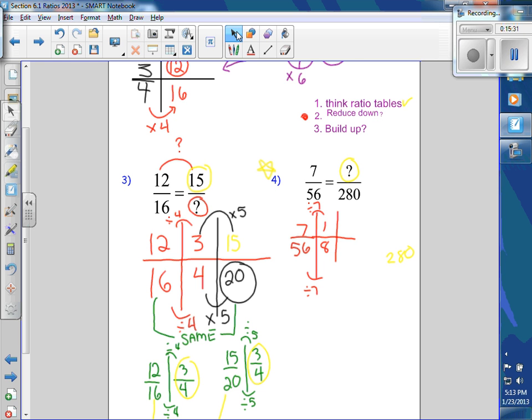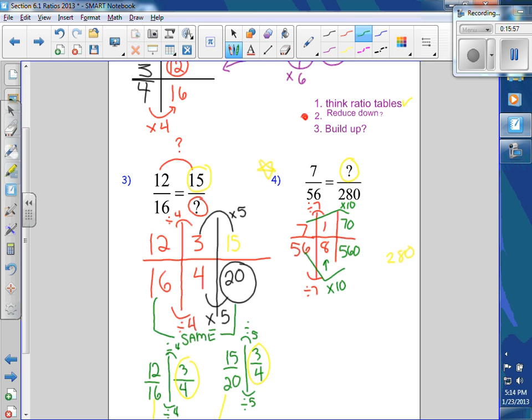Sometimes when I start a problem, I don't come to a quick answer. So I might just ignore the 1/8 and try a different strategy. So I know that 56 is 2 times 28. So my next idea is to multiply by 10 to get 560. So I'm going to multiply the 7 by 10. I get a 70.